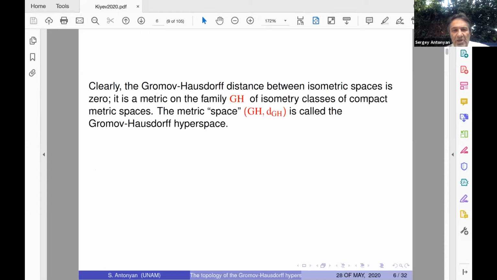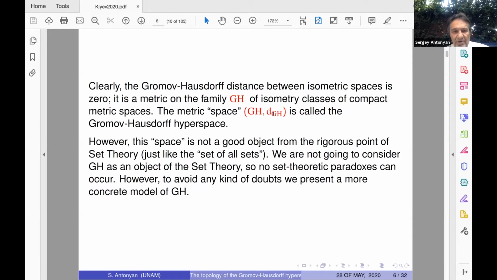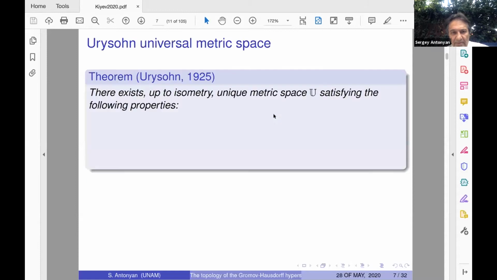So by GH we denote the set of all isometry classes. On this set, the Gromov-Hausdorff distance introduces a metric for which we use the same notation, d_GH, and it is called the Gromov-Hausdorff space. Okay, let me skip this.